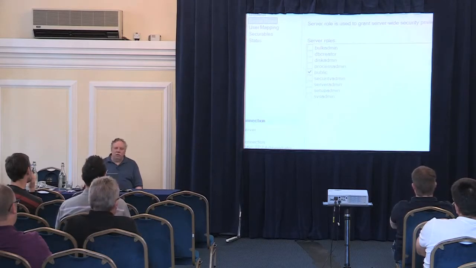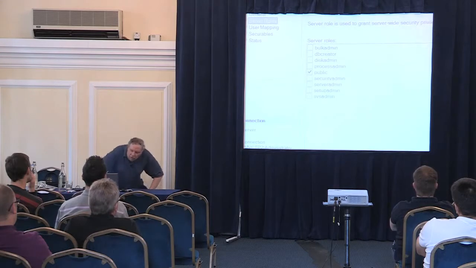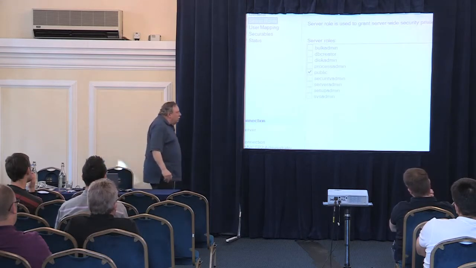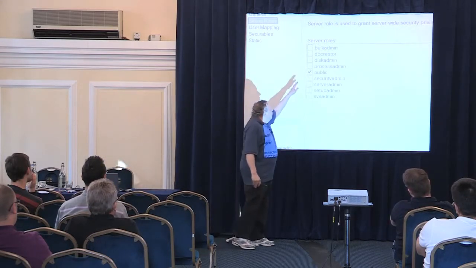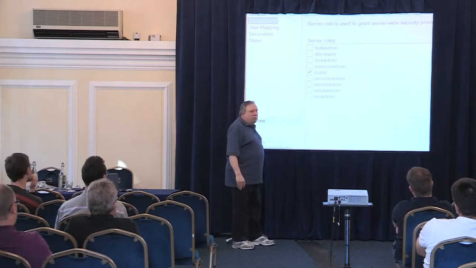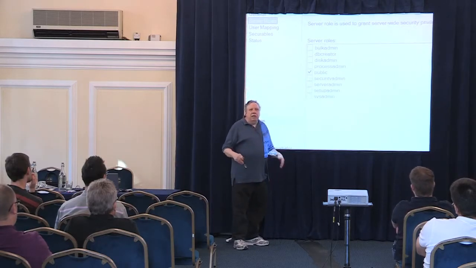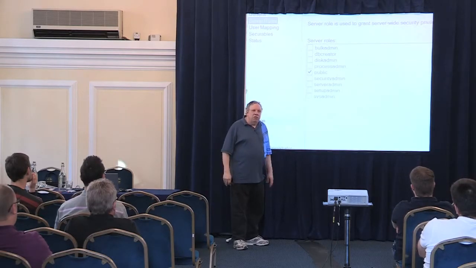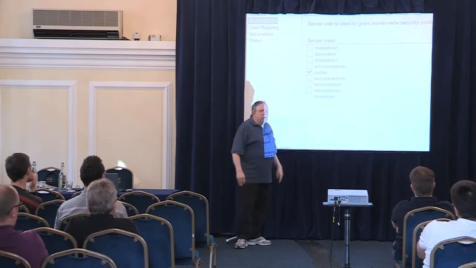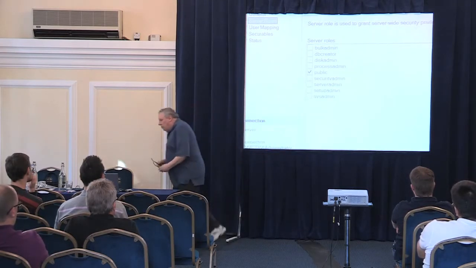Otherwise, you shouldn't have to use this role at all. Again, this is where you assign somebody sysadmin, and then the rest of the roles really are unused. You know, try to stay away from those. Bulk admin used to be necessary for bulk copy, but now there is actually a permission you can assign called administer bulk operations. And everybody is a member of the public role, you can't take them out.